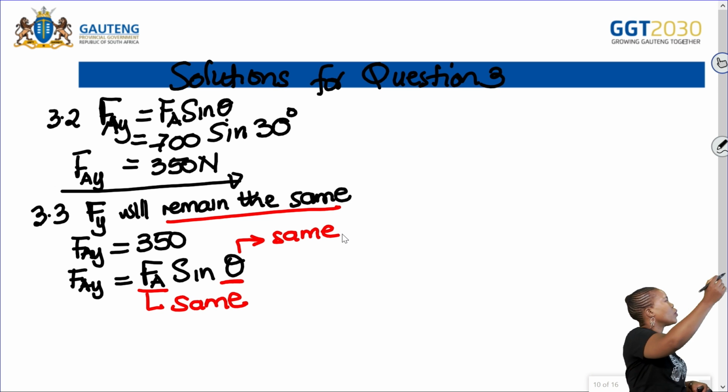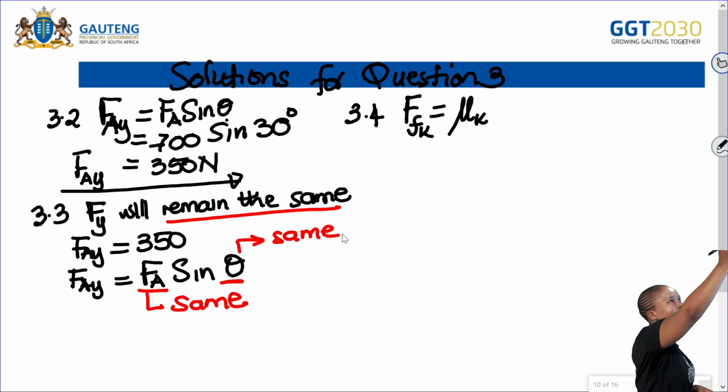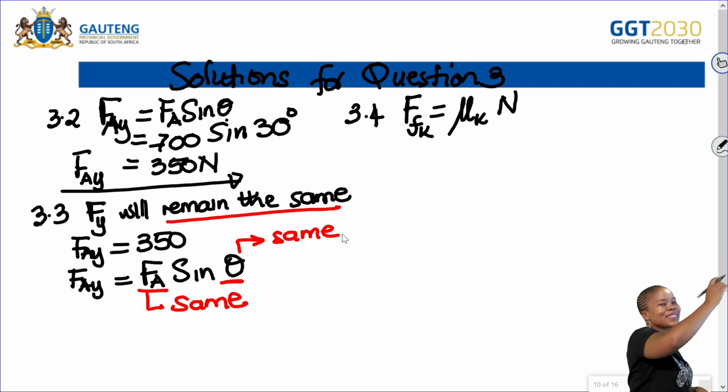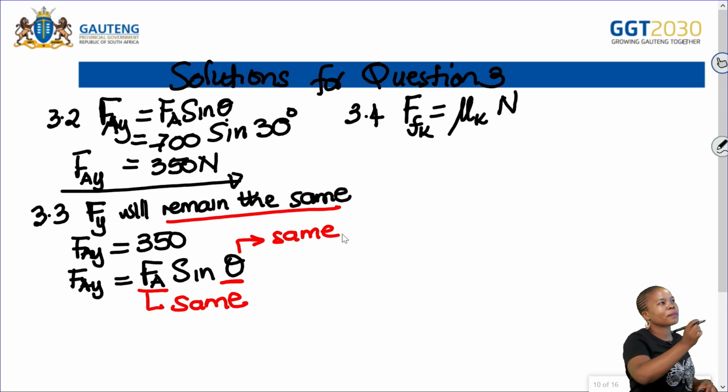So for your 3.4, we say F, which is your frictional force, is equal to mu K N. This is just for calculating frictional force. Now, let's start by pushing.